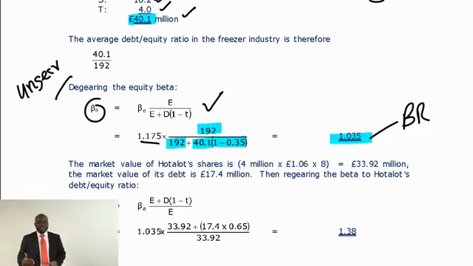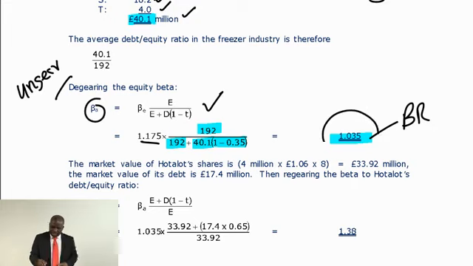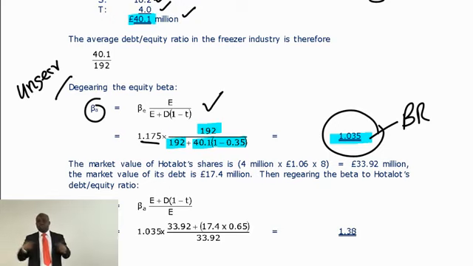The next question is, as long as Hot Alert goes into the freezer industry, they're going to face this business risk. Will that be the only risk they face? No. We need to ask the question: Hot Alert, will you have debt? If Hot Alert, which is your main company, has got debt, then they will face this business risk, and they will also face the financial risk associated with your company, not the industry or that proxy company, but yourself.